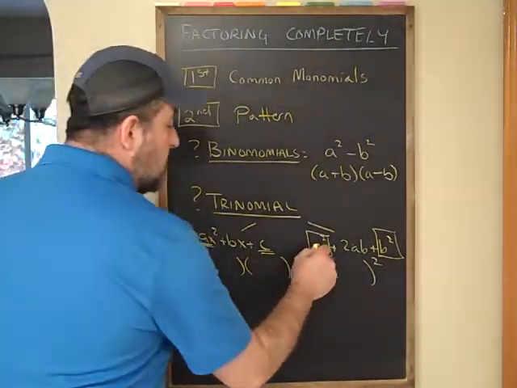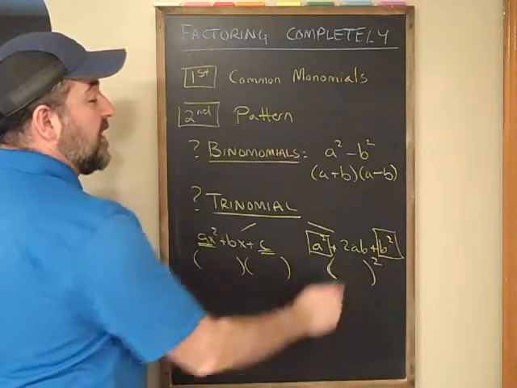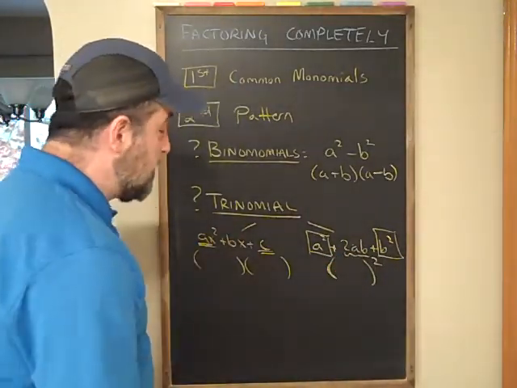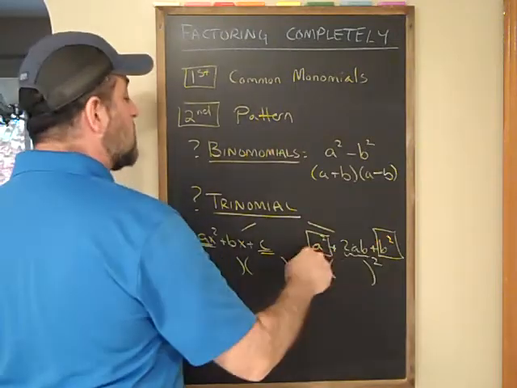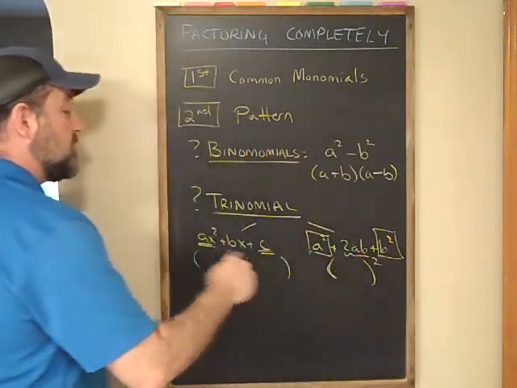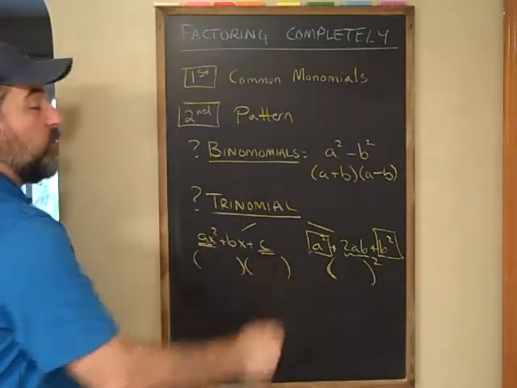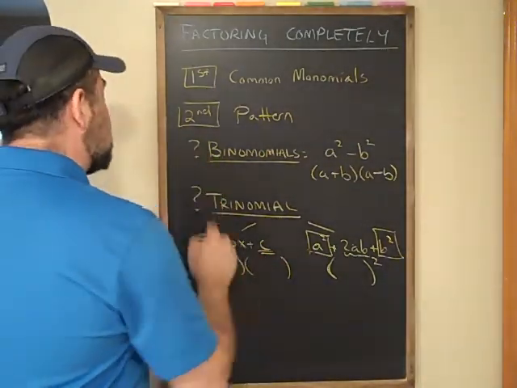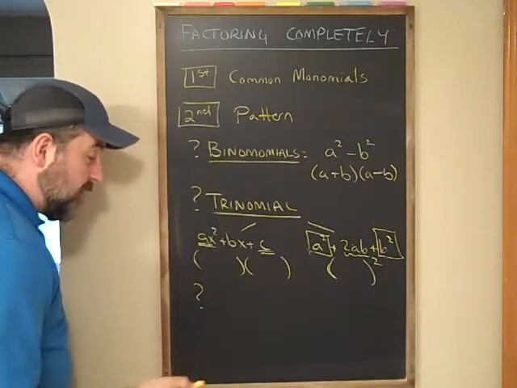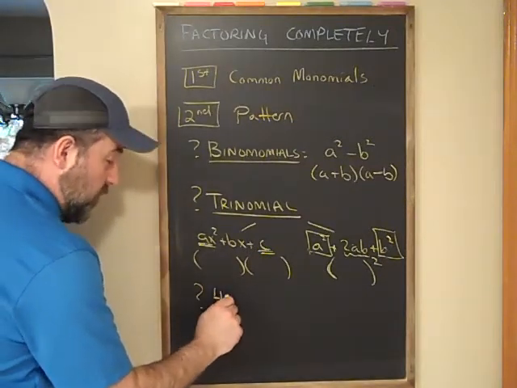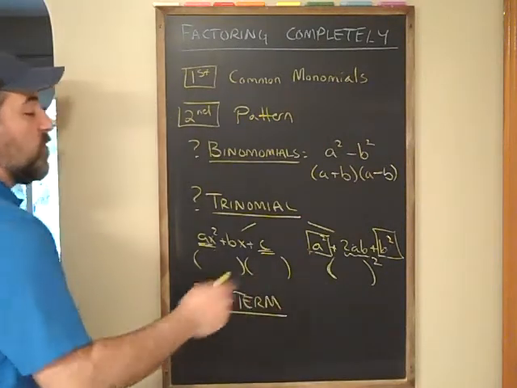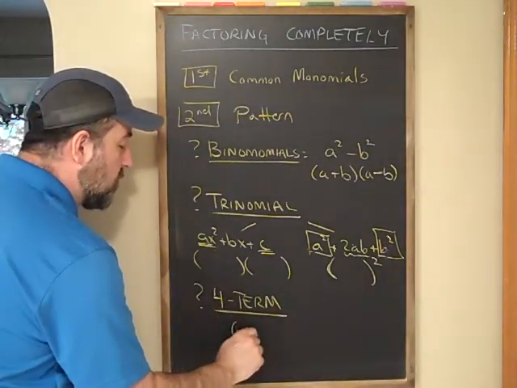But it's possible that you have a perfect square in the first and last positions and you don't have a middle term that is twice the product of what's inside. So you could have a perfect square in the first and last positions and it ended up being really one of the other types. So you identify, is it a binomial, is it a trinomial? And now you've learned, what do I do if I see a four-term polynomial? If you see a four-term polynomial, you're going to factor by grouping.